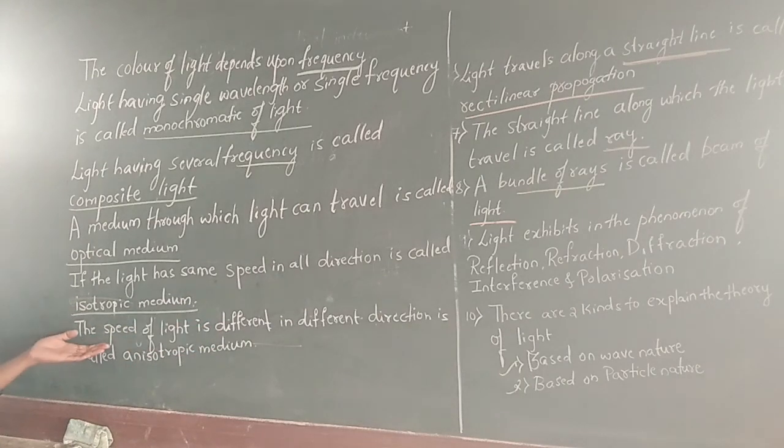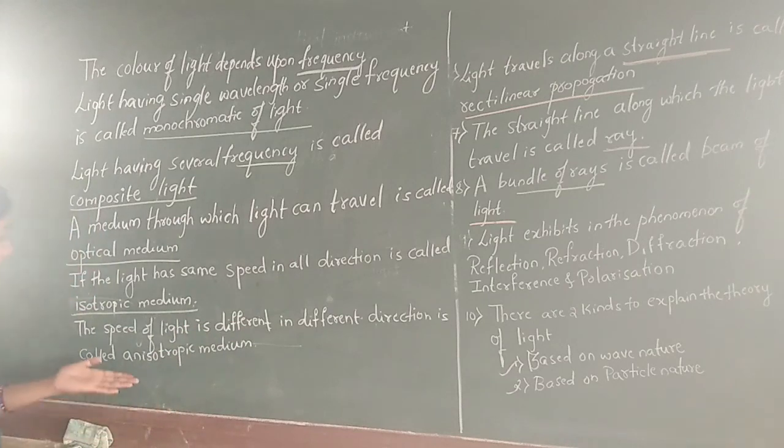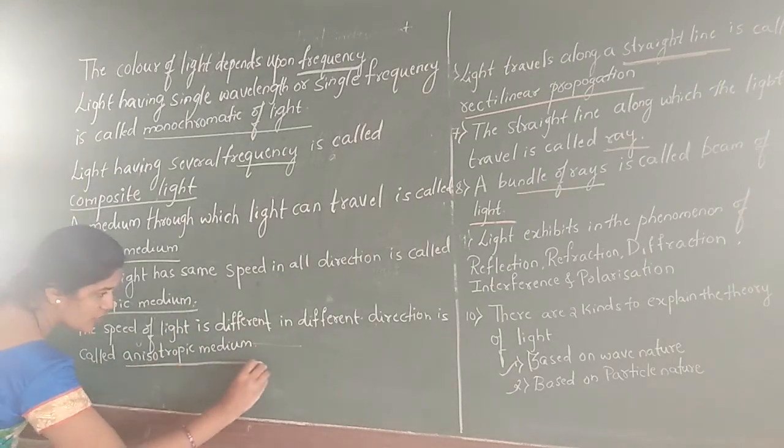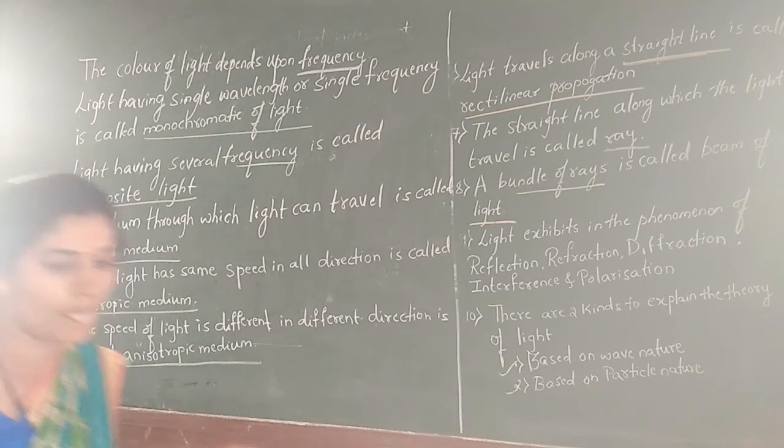Last, if the speed of light is different in different directions, then we call it an anisotropic medium.